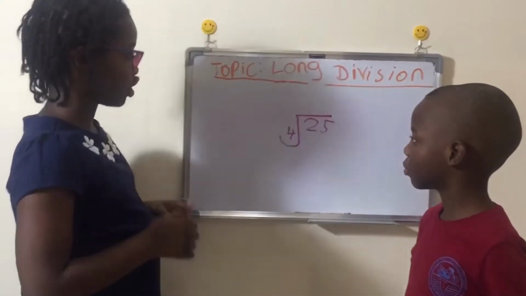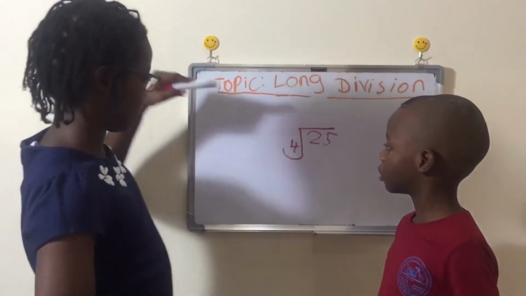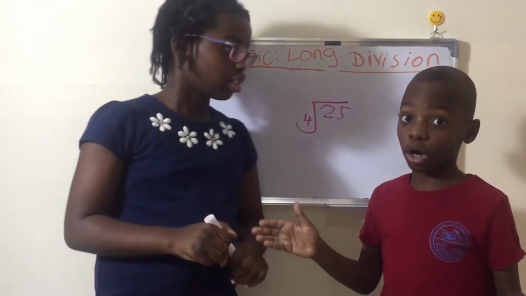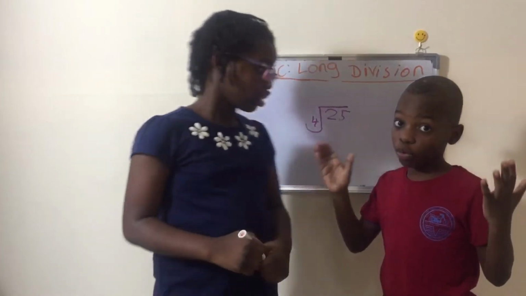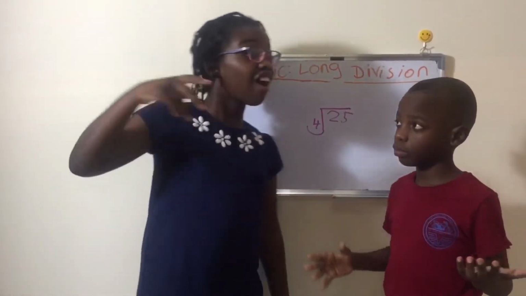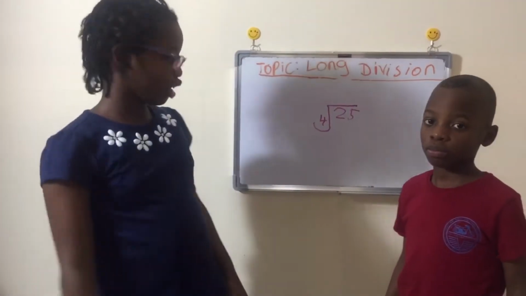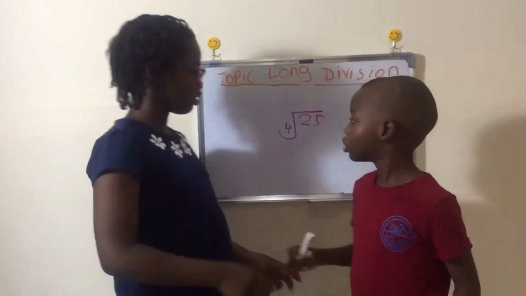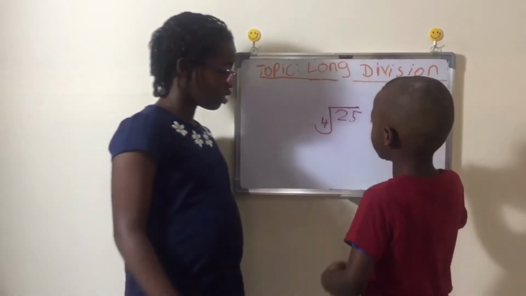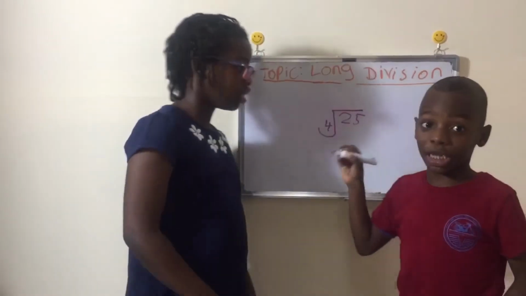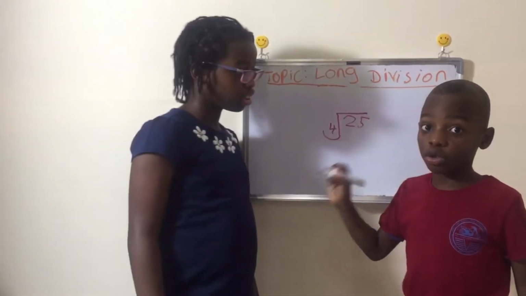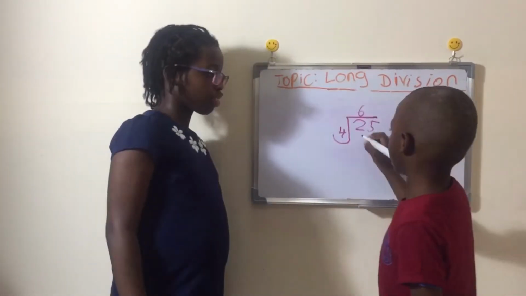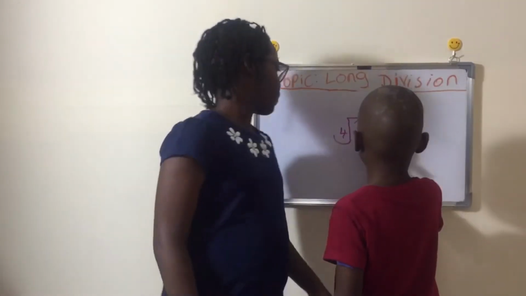So we'll go straight to the 4 times table. This is why you should watch 4 times table movies and also other times tables, because you never know when you need one. So next we have found that 4 times 6 equals 24. So put 6 up here and then 24.